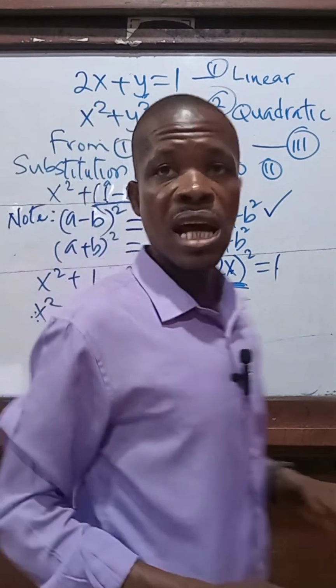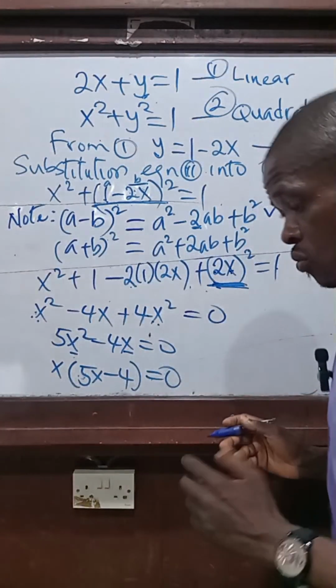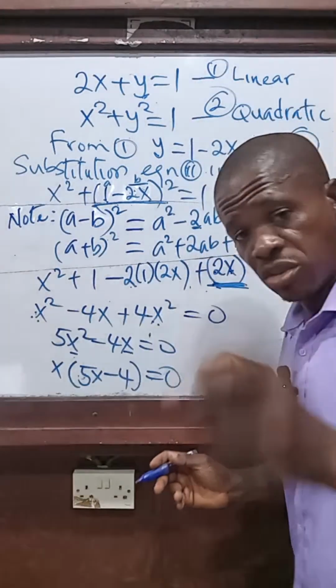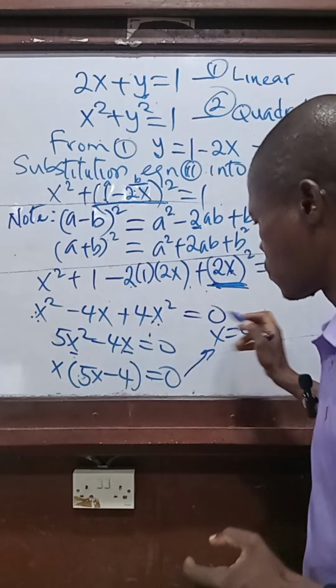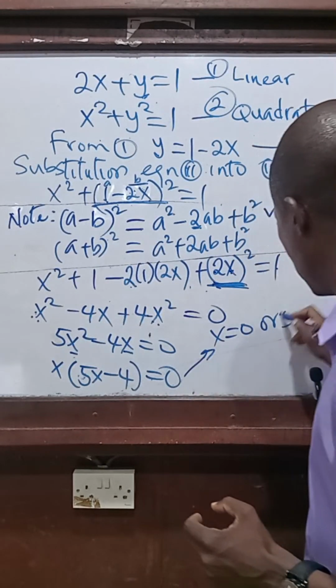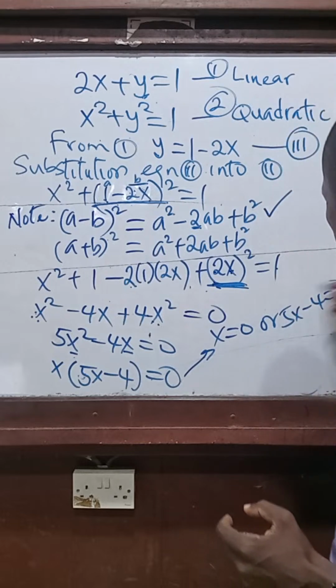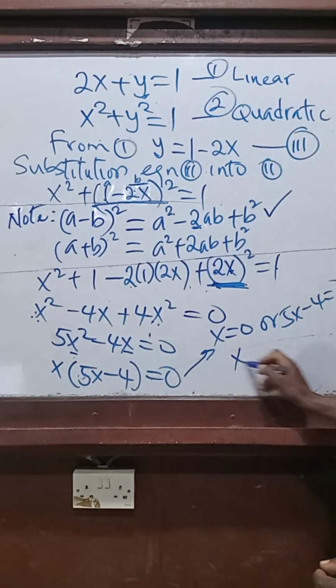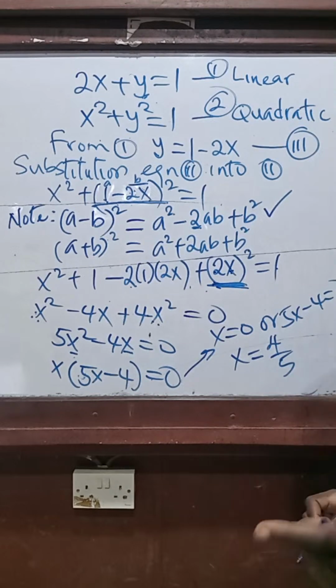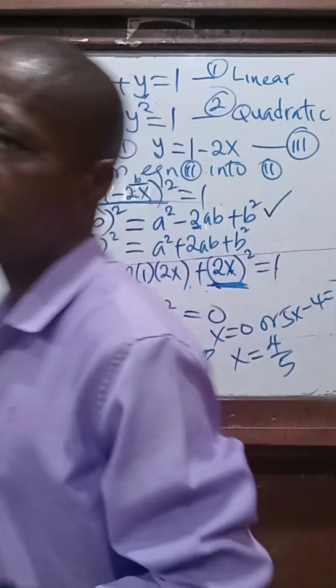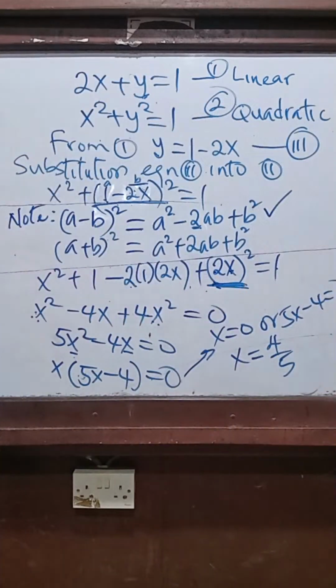And the implication, when you have an expression equal to 0, it implies that x is equal to 0 or 5x minus 4 equal to 0. So x is equal to what? 4 over 5. x is equal to 0 or 4 over 5.